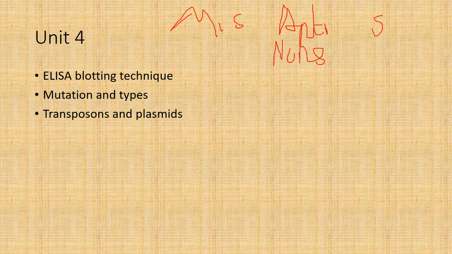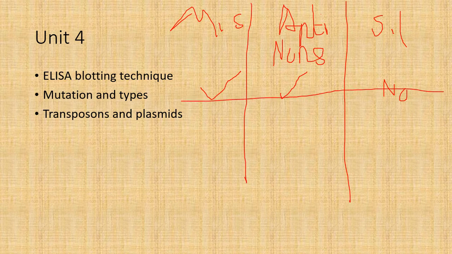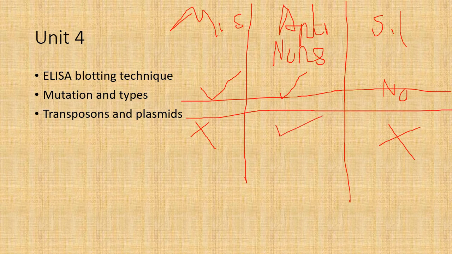And silent. In silent, there is no change in the amino acids. In missense, there is a change in amino acids. In antisense, also there is a change in amino acids. In missense, the amino acid change is not a termination codon. Here, it could not be a termination codon at all. Also, in antisense, it is a termination codon.